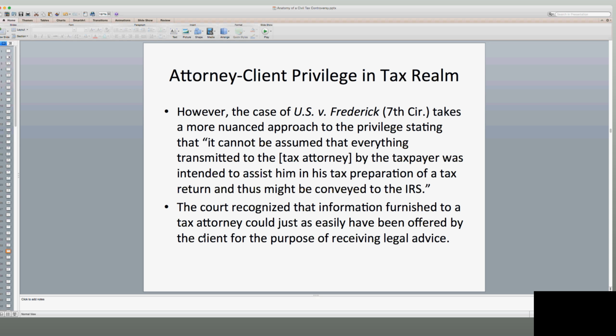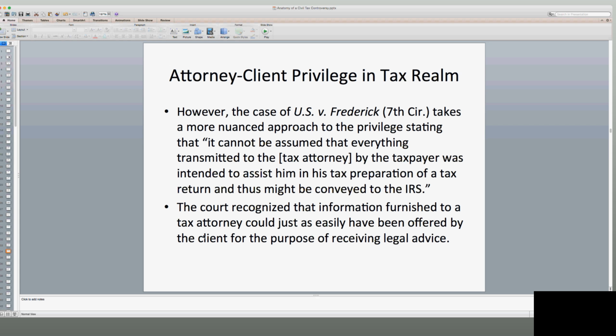However, we have this case of U.S. versus Frederick from the Seventh Circuit that thankfully takes a more nuanced approach to the privilege, and it's very refreshing. I just grabbed some language that you might want to refer to if you're ever in a situation like this, and it comes directly out of the case.